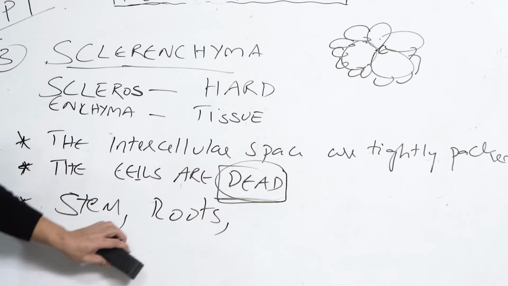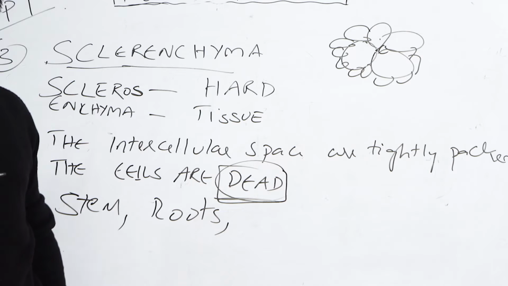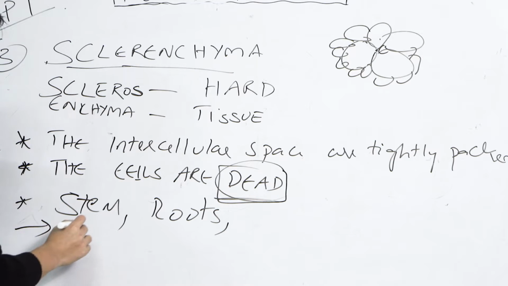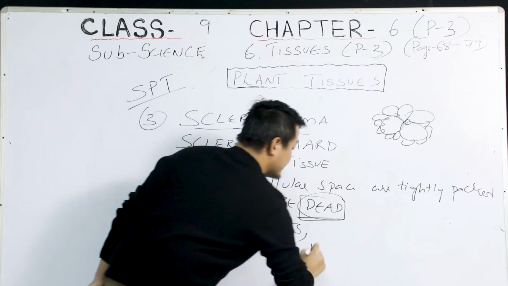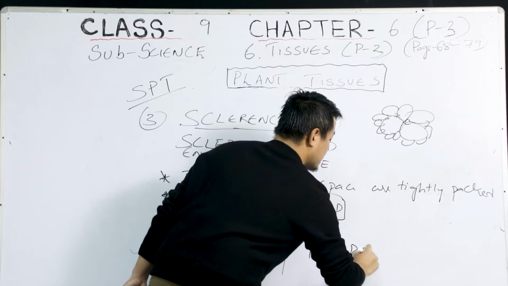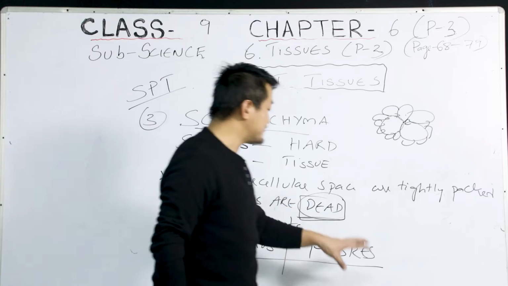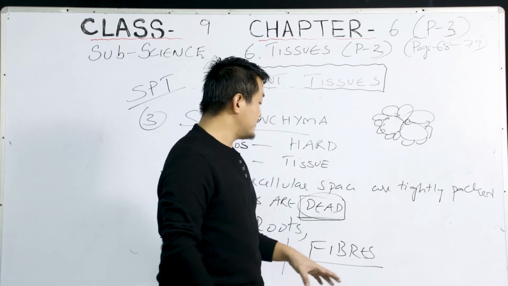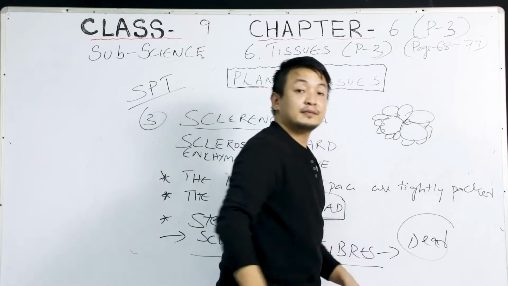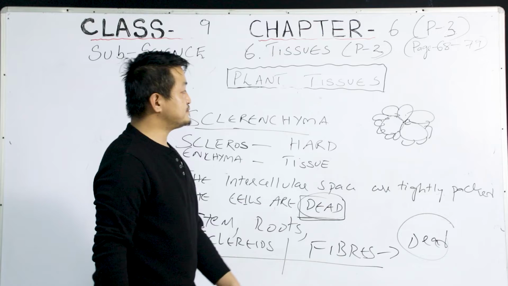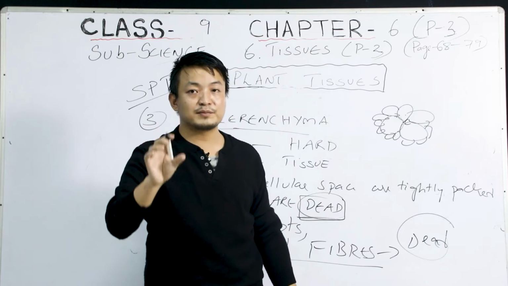Usually Sclerenchyma is of two types, sclerites and fibers. Don't get confused, these are all related with dead cells. You have seen the coconut, the fiber part that is hard.